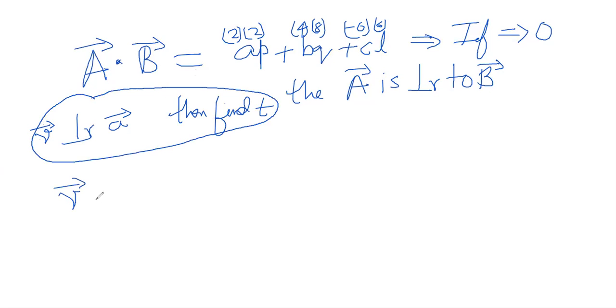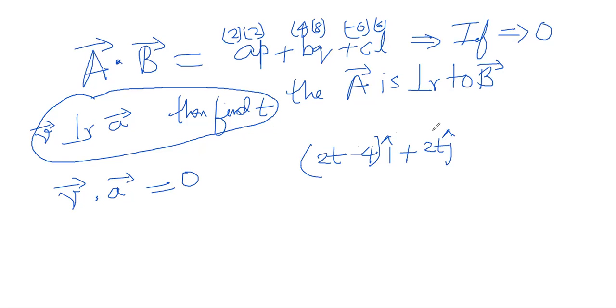V bar, if you do dot product with A bar, you must get 0. You have to take that as an equation. What did we get for V bar? V bar is (2t minus 4) I cap plus 2t J cap.